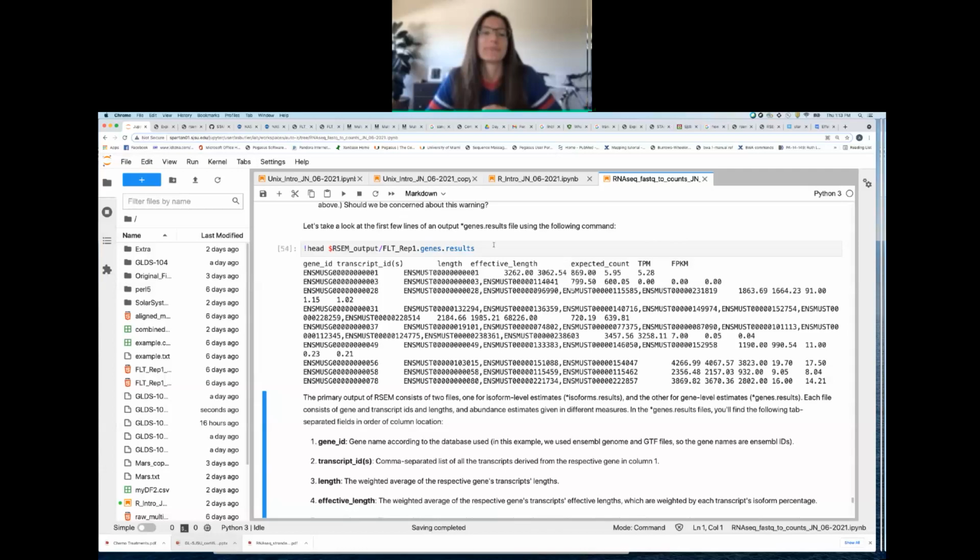And again, you can always print out a specific column using different awk commands if you like awk, or of course you can do this in Python, because I know a lot of you are comfortable in Python, to pull out a certain column to make sure that you're reading things right. But yeah, 869 is the expected count based on that RSEM calculation for this first gene.